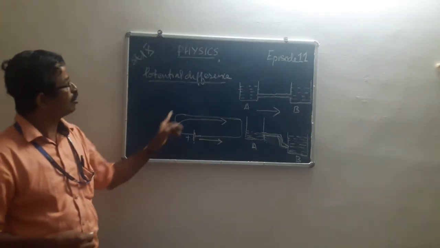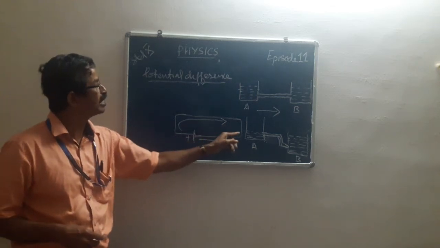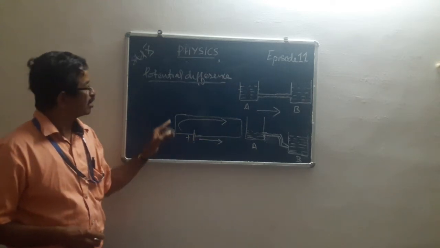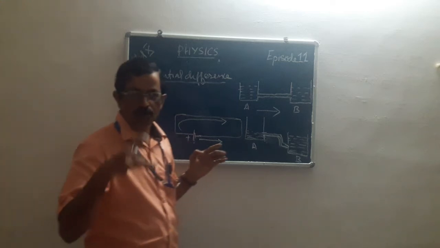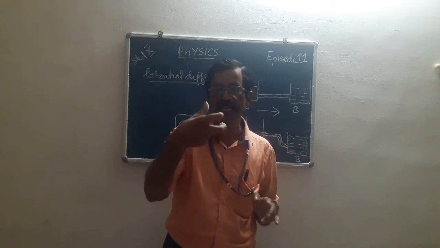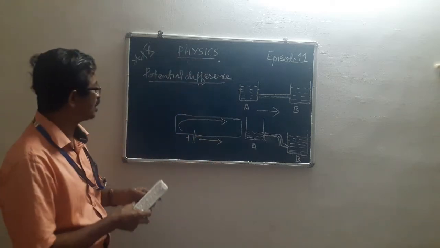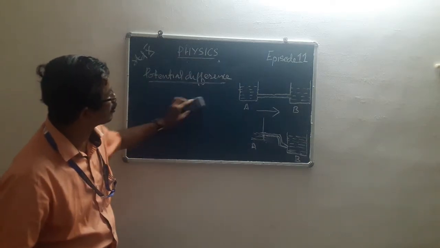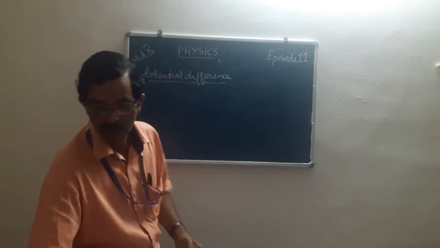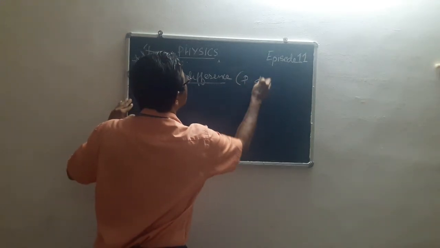Now for the flow of current, here the potential is more, so it flows from here to here, but actually electrons flow from this part to here. So for the flow of current, what is required? There must be an electrical pressure difference or electrical energy difference, and that electrical energy difference we term as potential difference. This is what is called potential difference.